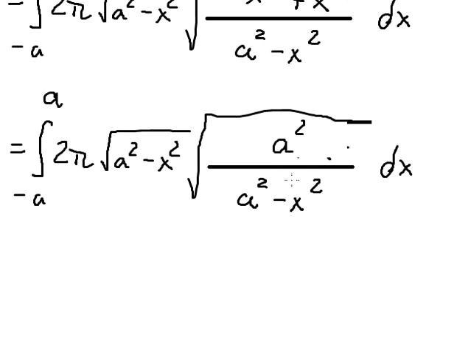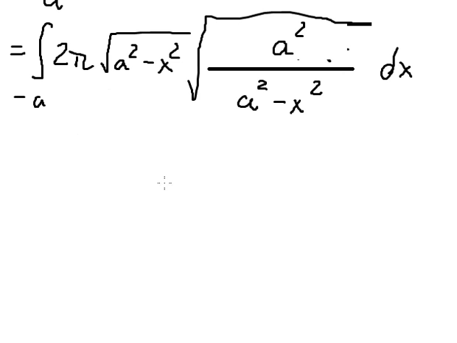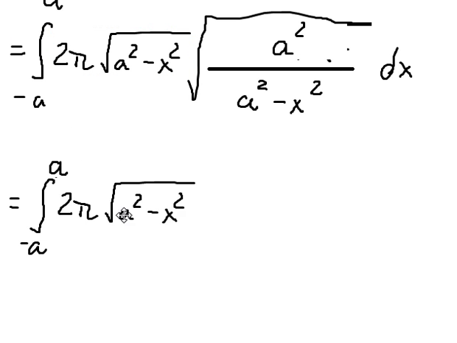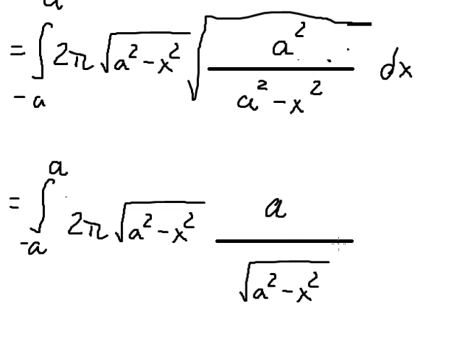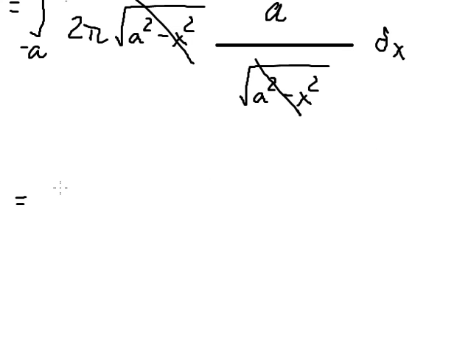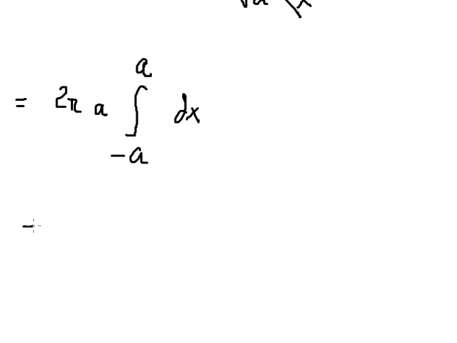Now we know that a is always a positive number because it is the radius of the circle, and now we can simplify like this. This one and this one cancel, and now we just have only 2 pi a, and we have the integration from negative a to positive a, and this one we have x.